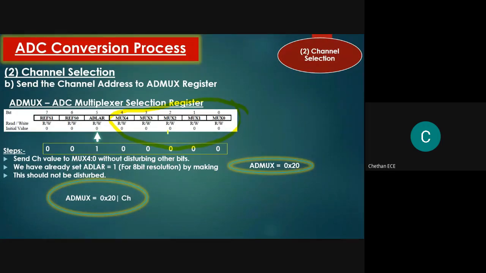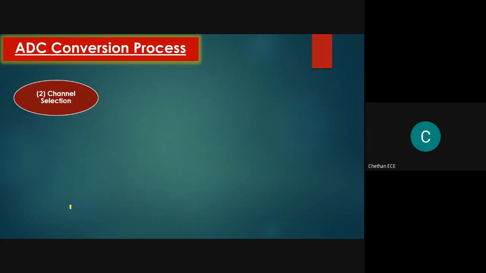To utilize the channel address effectively, I am doing a logical OR operation with ch. If you do a logical OR of ch with 0x20, the appropriate address can be selected without disturbing the ADLAR content and the reference voltage content in the other registers.